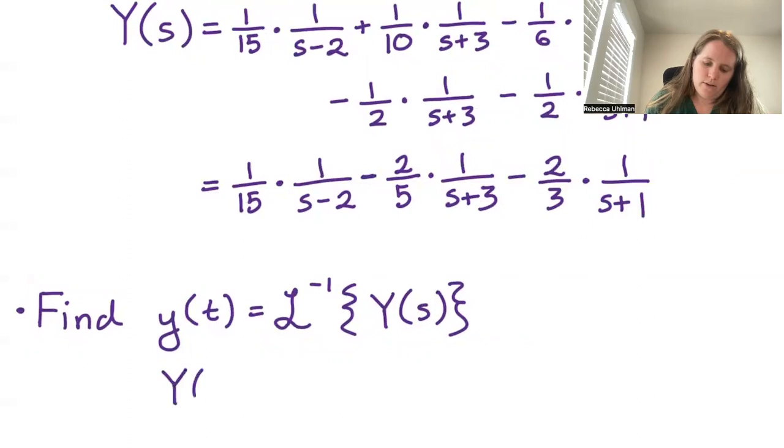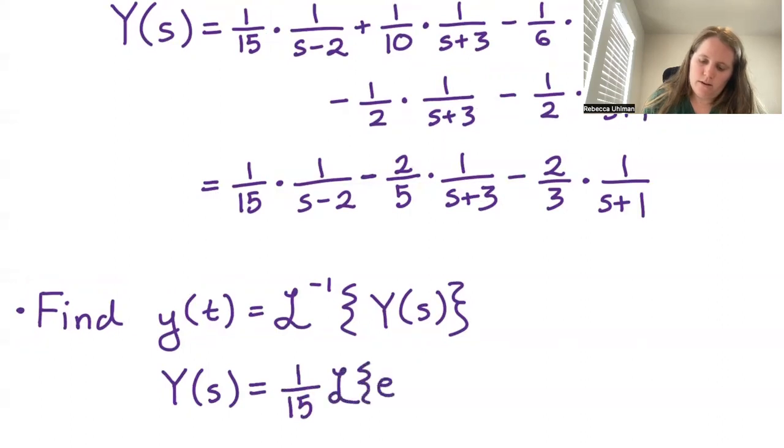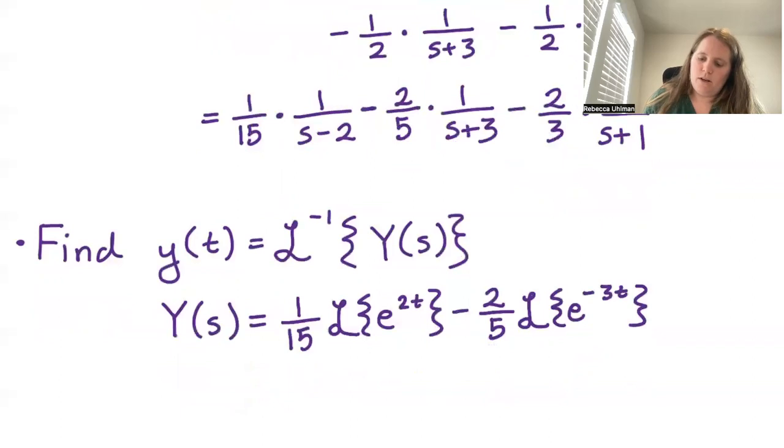So capital Y of s is equal to 1/15 times the Laplace transform of e to the 2t minus 2/5 times the Laplace transform of e to the negative 3t minus 2/3 times the Laplace transform of e to the negative t.